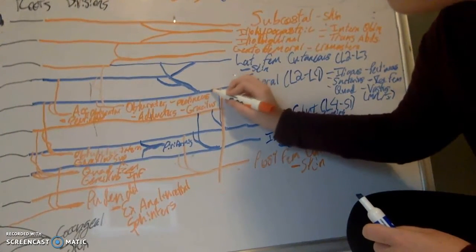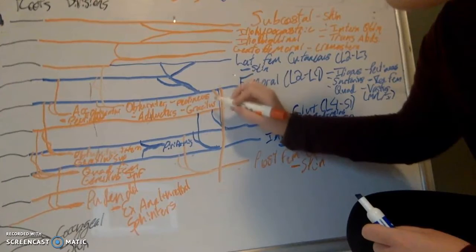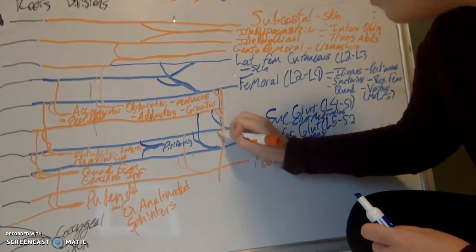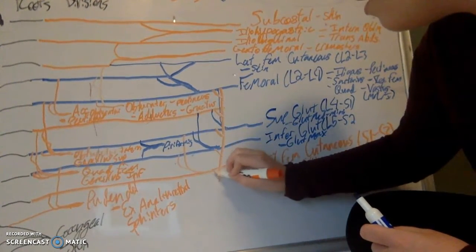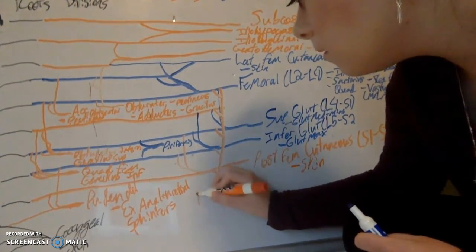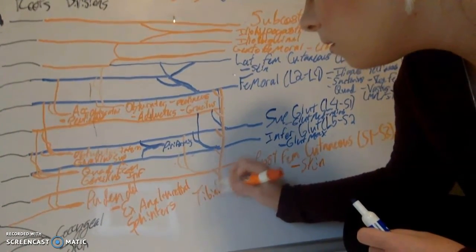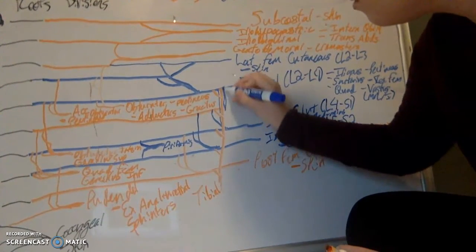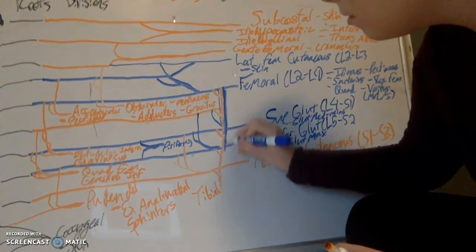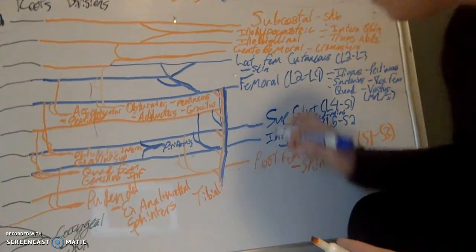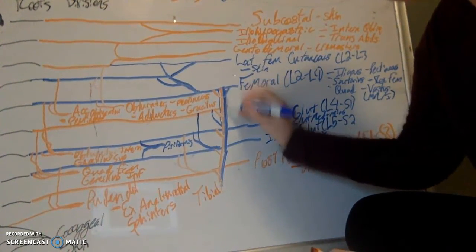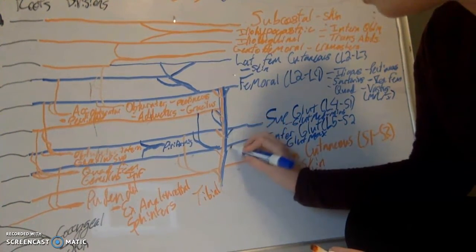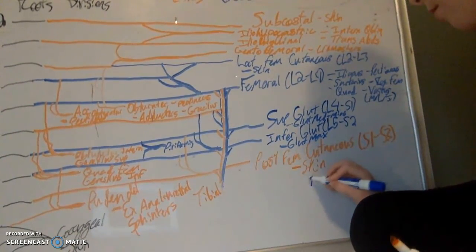The tibial portion will receive innervations from L4, L5, S1, S2, and S3. And then, because it's so large, it will also have a fibular portion, which will receive innervations from L4, L5, S1, and S2. And I'm just going to put it over here.